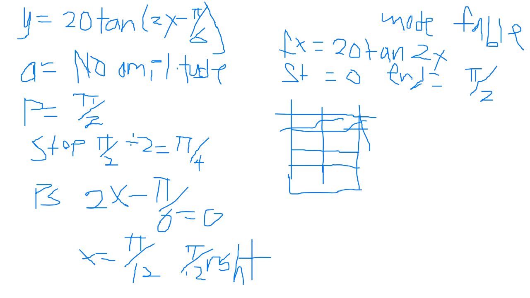So when it's 0, we are going to have 0. Then our next one will be pi over 4.